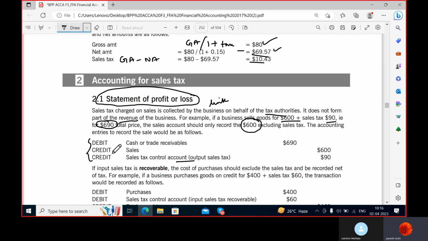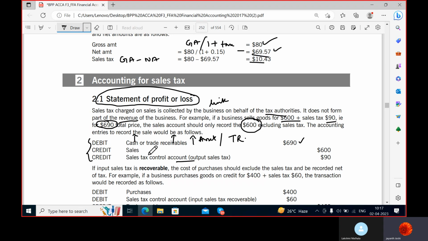So journal entries are like this: whenever we are making a sale, the entry will be that sales increases our asset. So cash is increasing, or suppose it is a credit sale, it will increase our receivables. So that's also an asset. So either cash or receivables will increase by how much? 690.